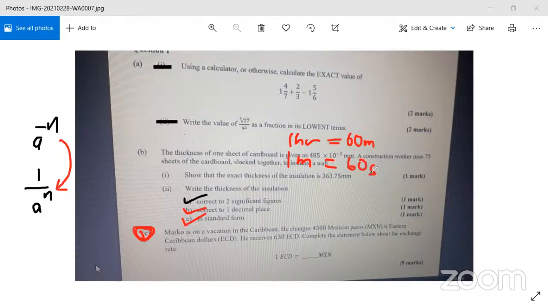So if you ask how many seconds there are in an hour, how would you figure that out? You don't know how many seconds are in the hour. What you do know is that 1 hour is 60 minutes, which translates to 60 times 1 minute.